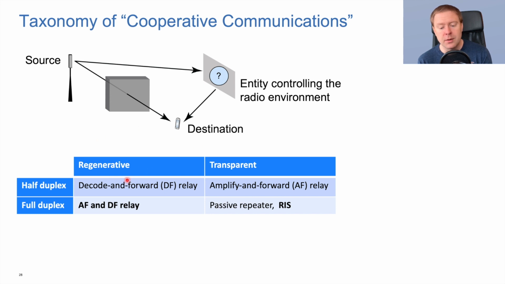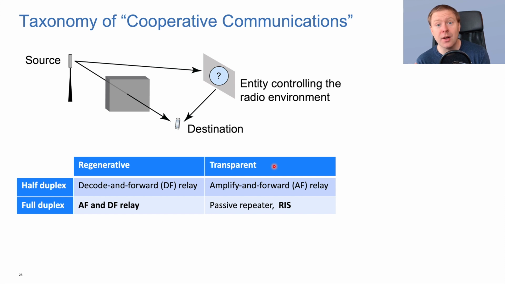Regenerative are methods where we take signals from the analog domain to the baseband, and then we create new signals and retransmit them. And transparent are cases when we are just processing the signal in the analog domain, not doing anything particular with it, and then the receiver doesn't need to know about the existence of this piece of equipment.